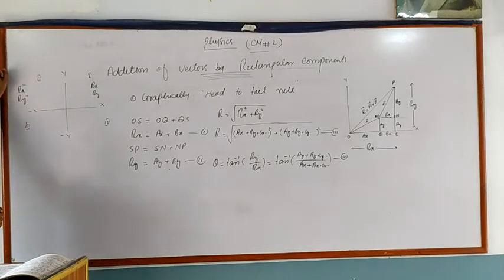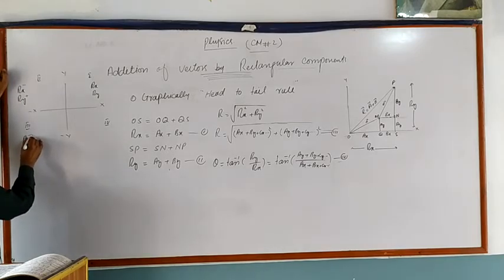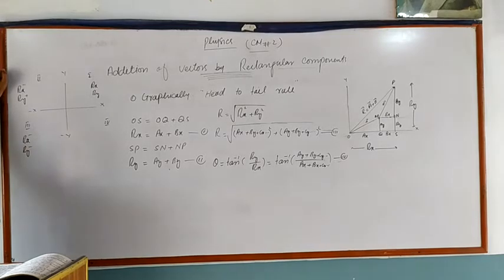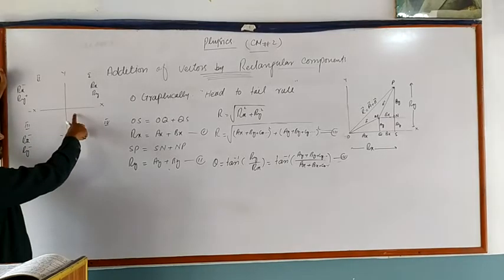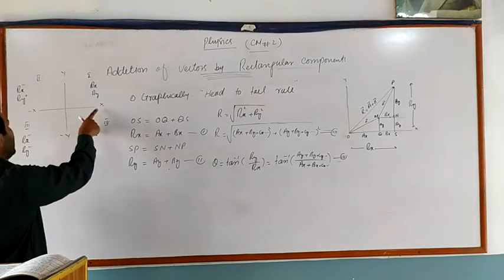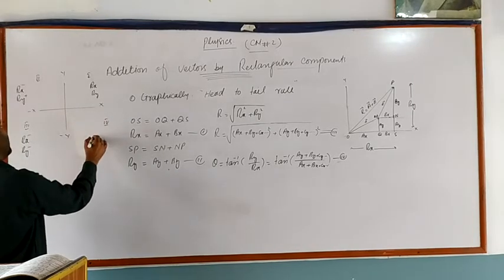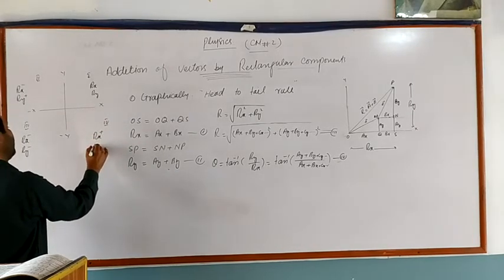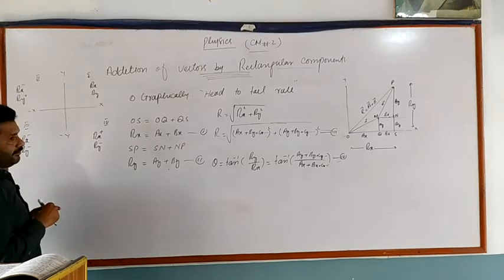Suppose vector R lies in the third quadrant, both its components, x and y, will have negative values. Suppose vector R lies in the fourth plane, then its x component will be positive and its y component will be negative.